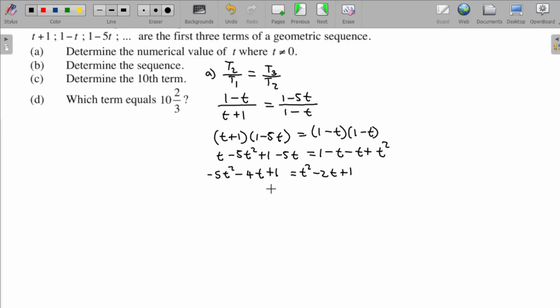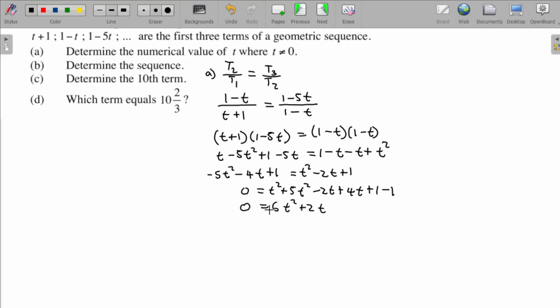Now let me take all this to the other side. So we're going to have 0 here is equals to t squared plus 5t squared, then minus 2t, and then plus 4t, and then plus 1, and then come this one becomes minus 1, and then 0 is equals to, this gives me 6t squared, and then this one here is negative 2 plus 4 gives me positive 2t, and this is 0.